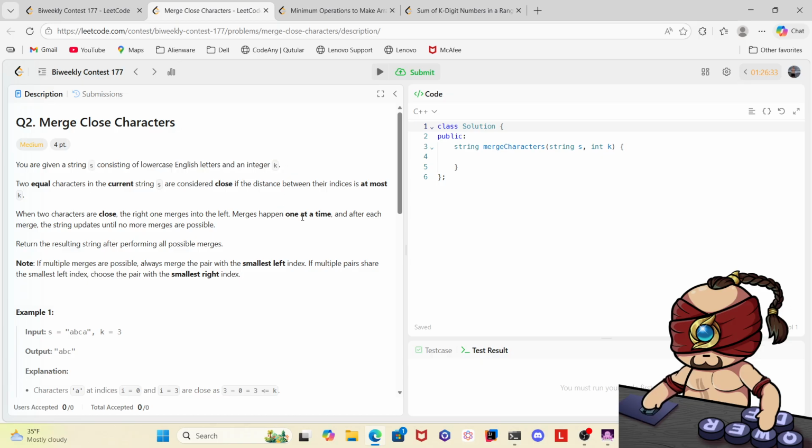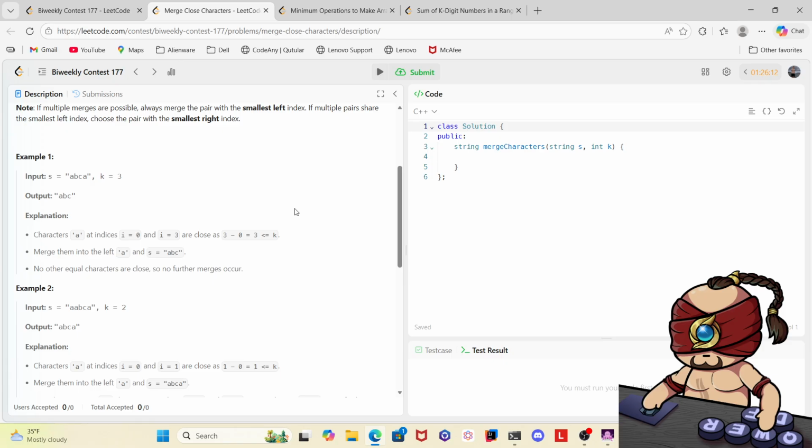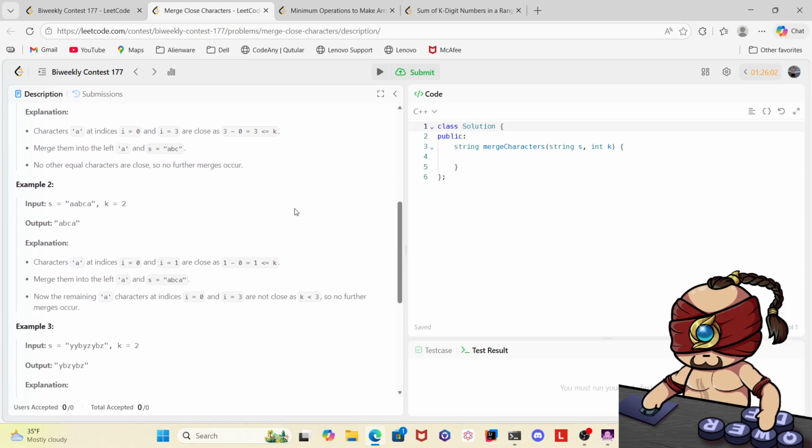String S, two equal characters are considered close. Okay. The right one merges into the left one, one at a time, after each merge. Okay.